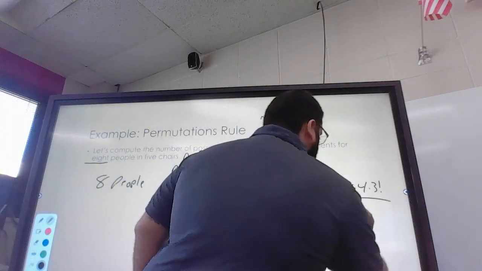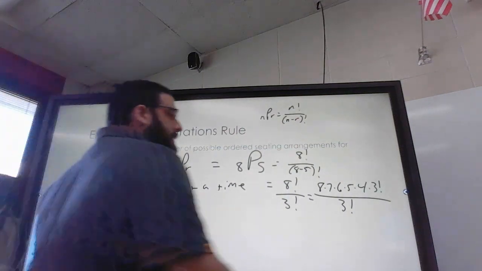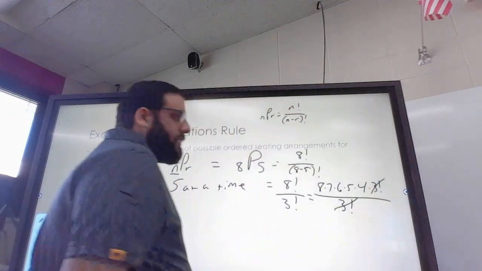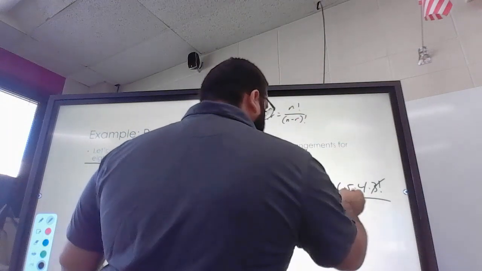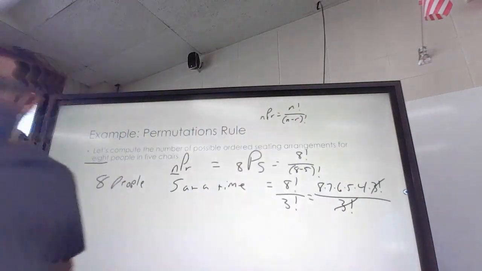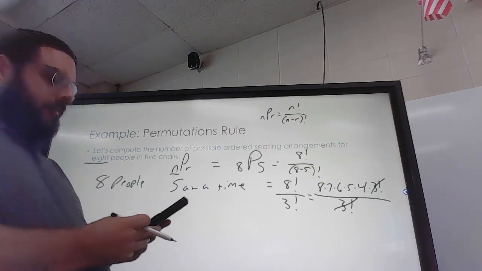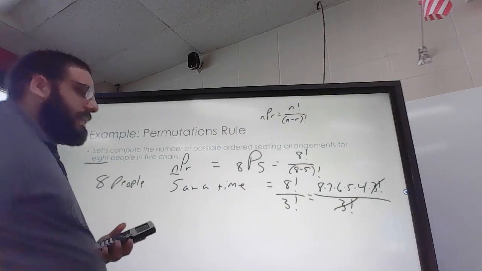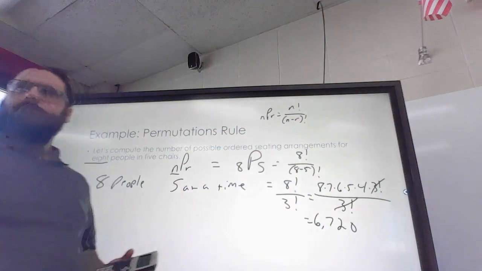Well, look what's in the denominator. 3 factorial, which means that this and this will cancel out, and I don't have as much to multiply. I have 8 times 7 times 6 times 5 times 4. So if I calculate that, I get 6,720. Okay.